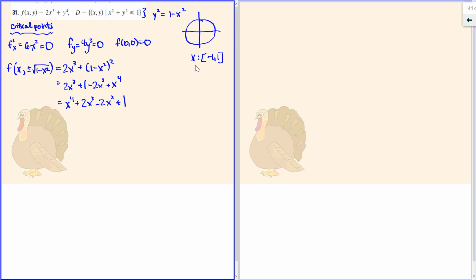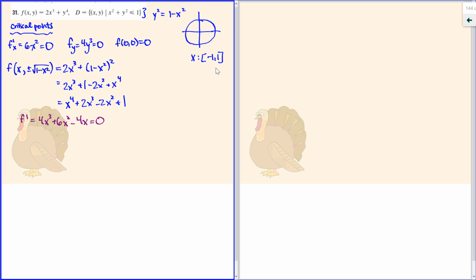So I'm looking at what x value minimizes this particular curve and what x value maximizes it within this domain. And so it might help me to take the derivative of this. And I get 4x cubed plus 6x squared minus 4x. And setting that equal to 0 will help me find the critical points.